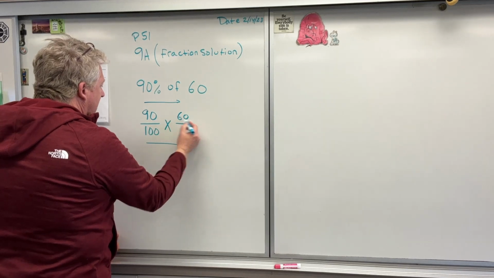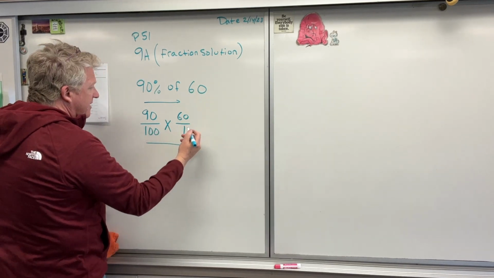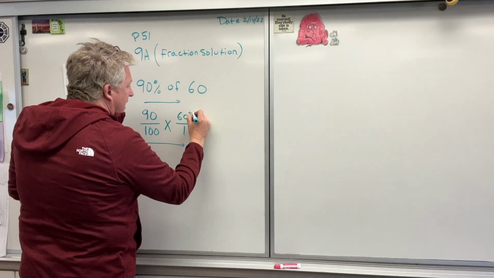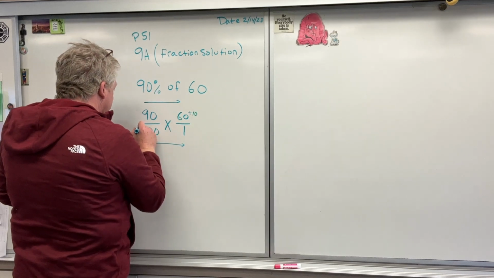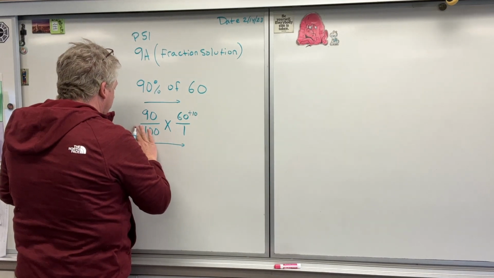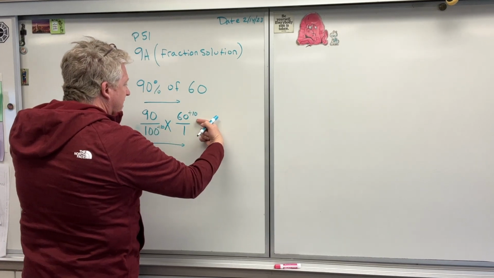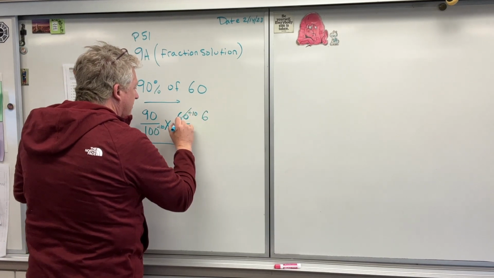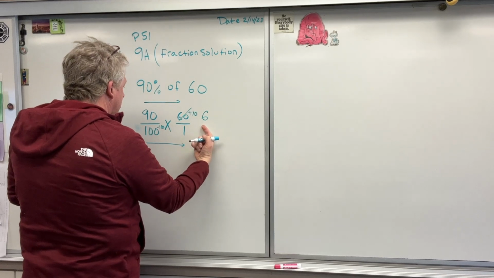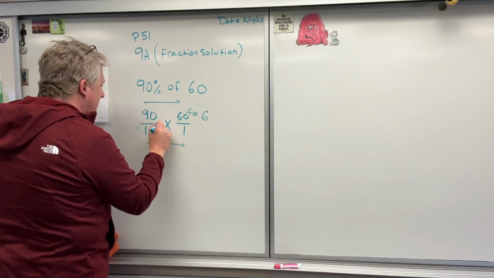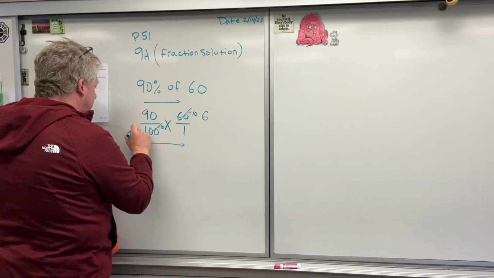I have 60, I have 100, so obviously 10 goes into both. Divide by 10, divide by 10. 60 divided by 10 equals 6, so now I don't have a 60, now I have a 6. 100 divided by 10 is no longer 100, now it is 10.